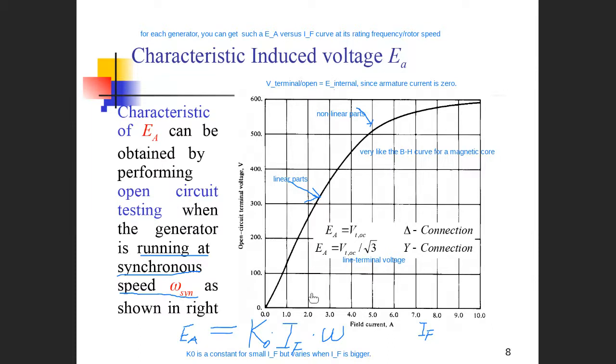So imagine here, for the same rotating speed, if the field current is the same, the internal generated voltage is the same.